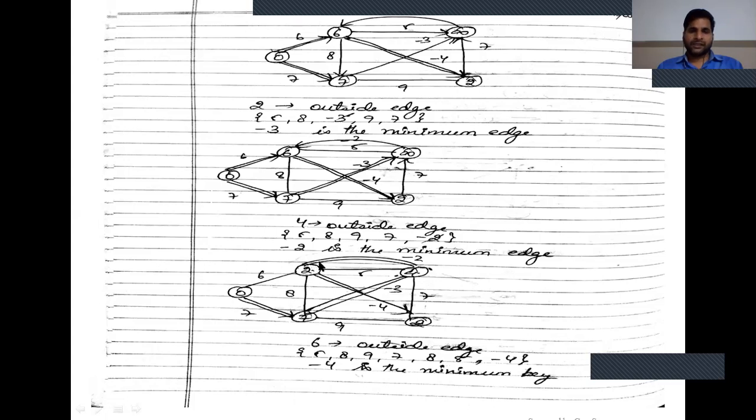Now this is the updated vertex. So we further include the outgoing edges of this vertex: minus 4, 8 and 5. Then we find the smallest path value, which is minus 4. So 2 minus 4 equals minus 2.